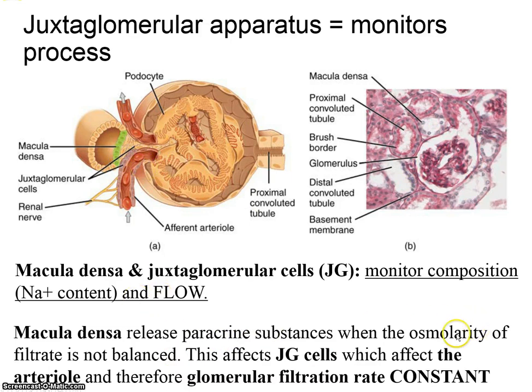And they do this when the osmolarity concentration of the filtrate is not balanced. This release affects the juxtaglomerular cells, which then affect the arteriole. So this tells this, which tells this. And by monitoring the filtrate and keeping it constant, we can manage the glomerular filtration rate, right?